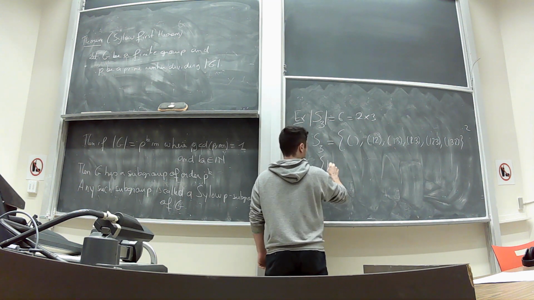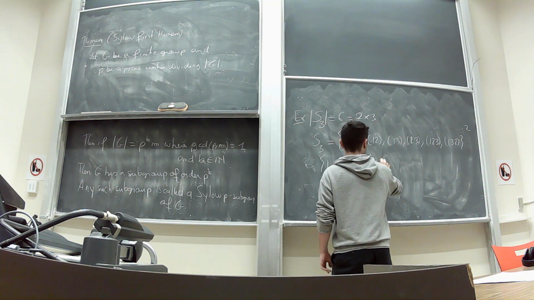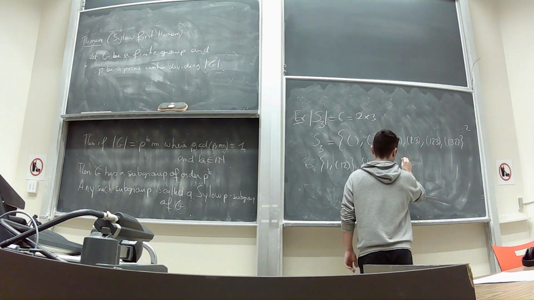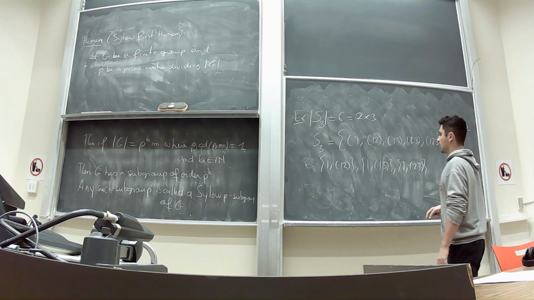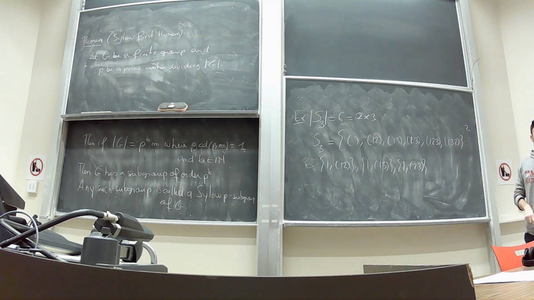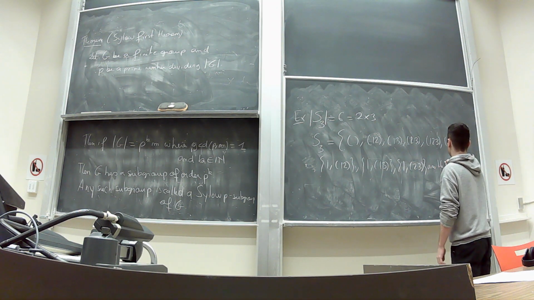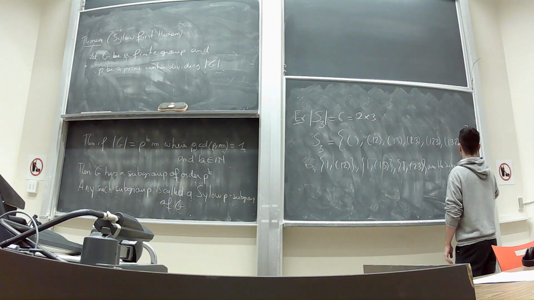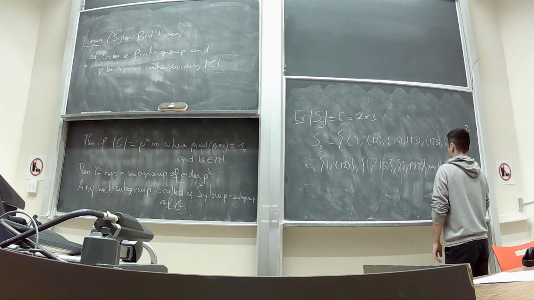So identity and (1 2), identity and (1 3), and identity and (2 3). Those are the Sylow 2 subgroups of S3. Okay?